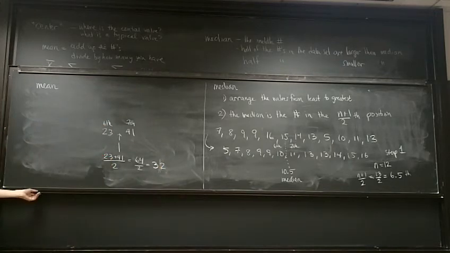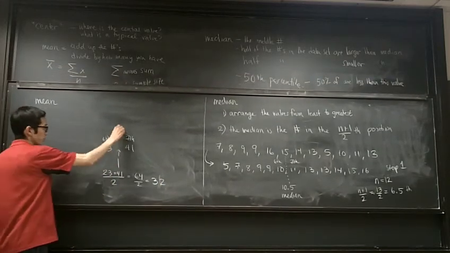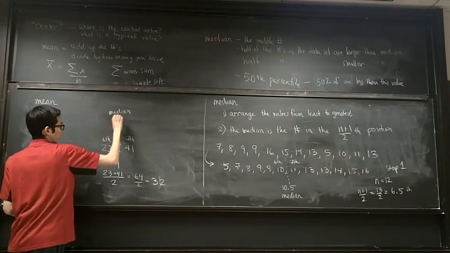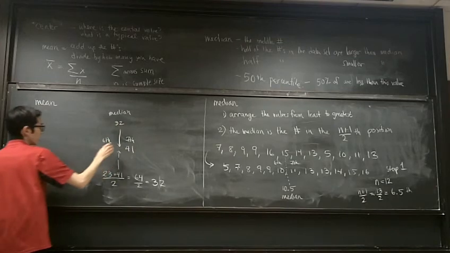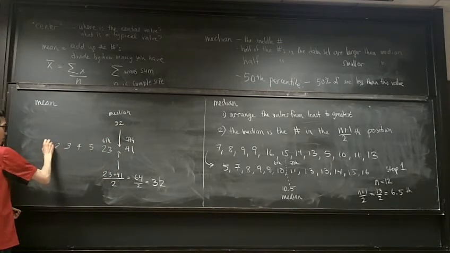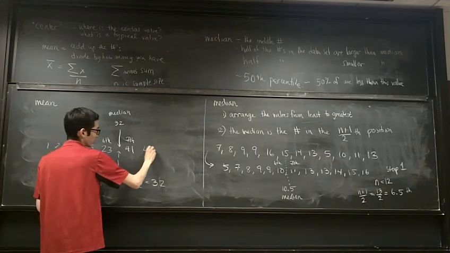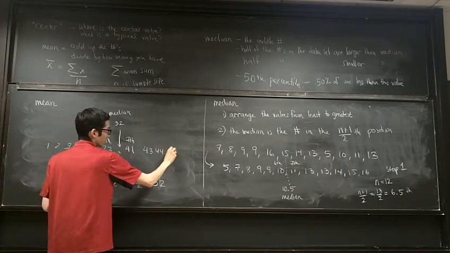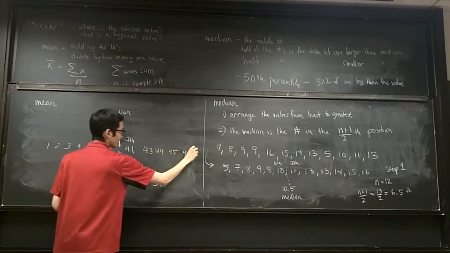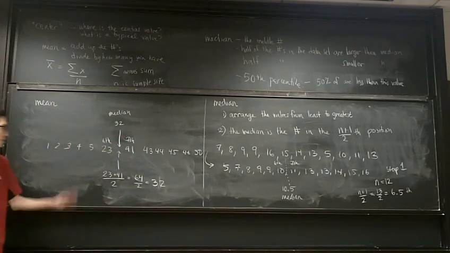So halfway between 23 and 41, your median is 32. And that means I've got 5 other numbers here. It could be 5, 4, 3, 2, 1, and these could be 43, 44, 45, 8, 9, 11, 15. It doesn't matter.